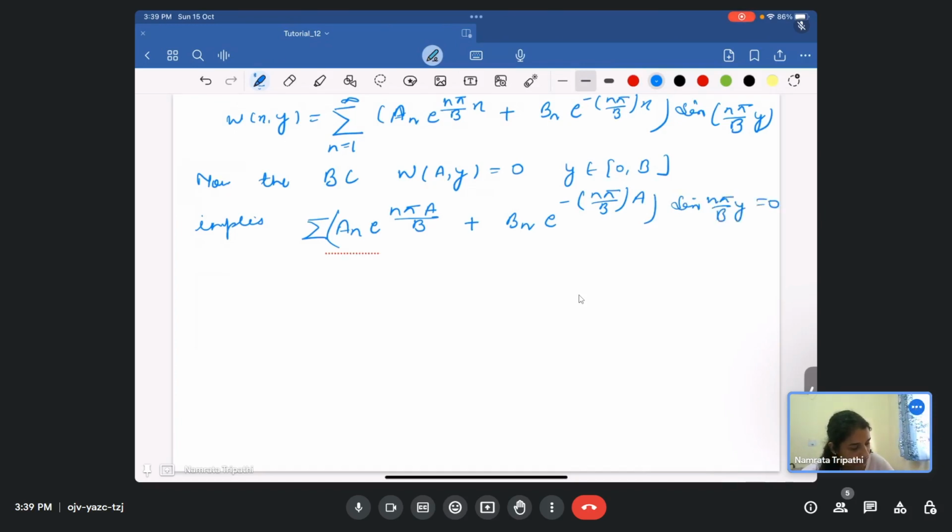So sine this term cannot be equal to 0. So from here we can say bn is equals to minus an e to the power 2n pi a upon b. Fine.